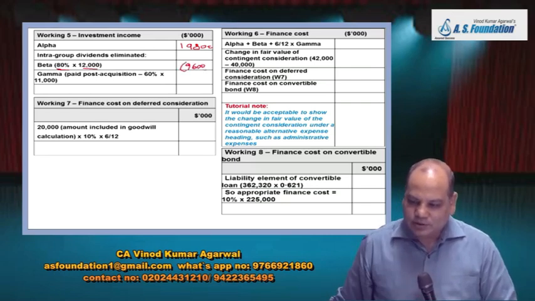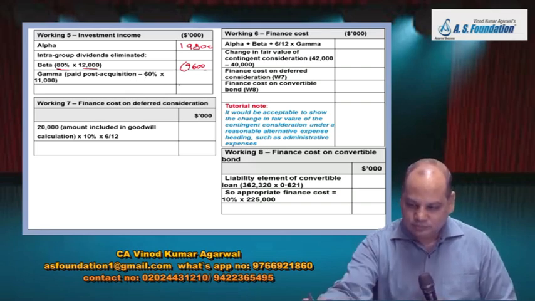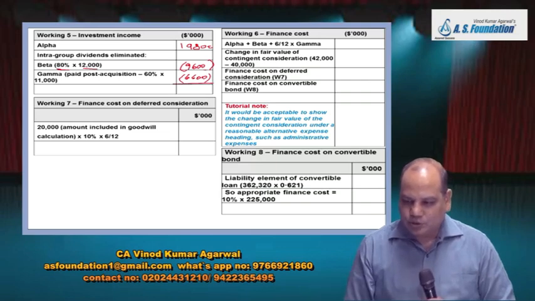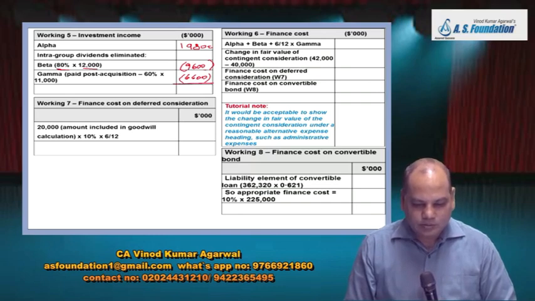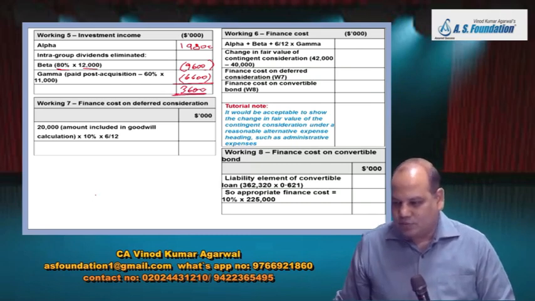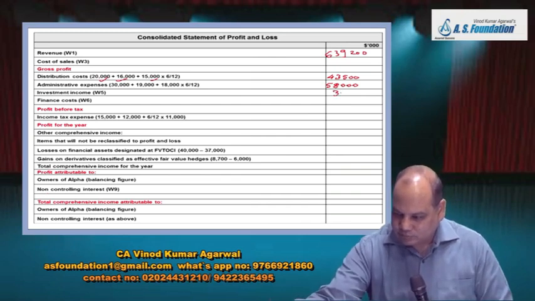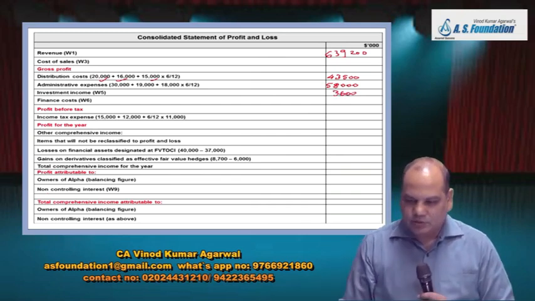And from gamma we received 60% of 11,000. How much? 6,600. So net income to be shown in P&L account. Anybody? 3,600. You write in main page investment income 3,600.